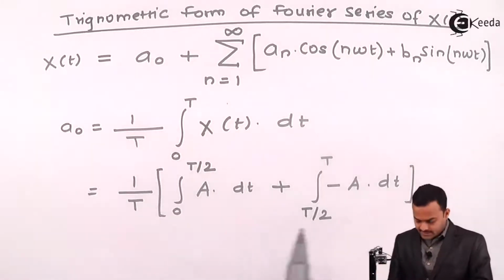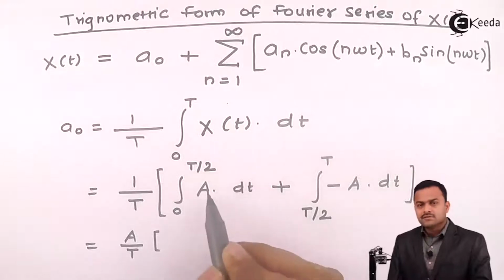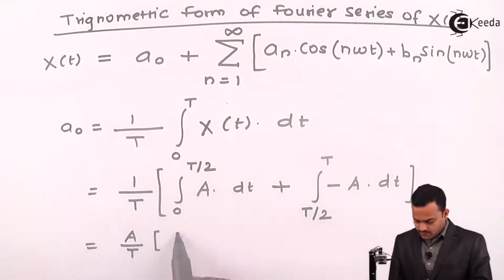If we solve this integral, we will get A by T, the integral of dt is t, with limits 0 to T by 2.